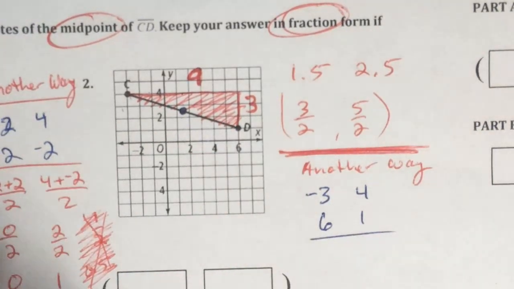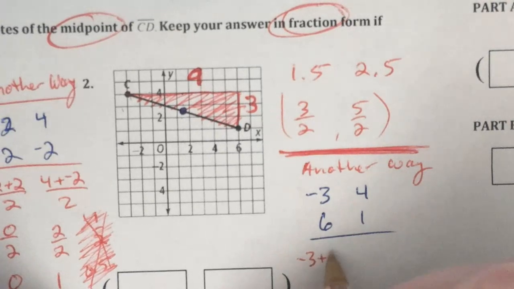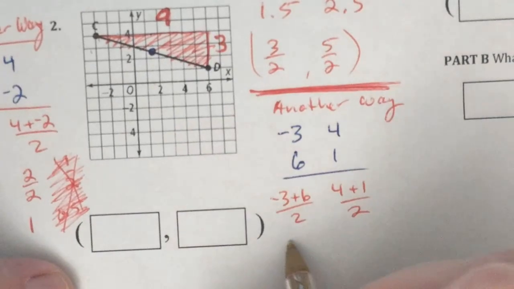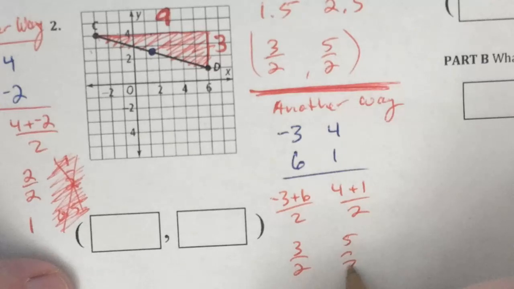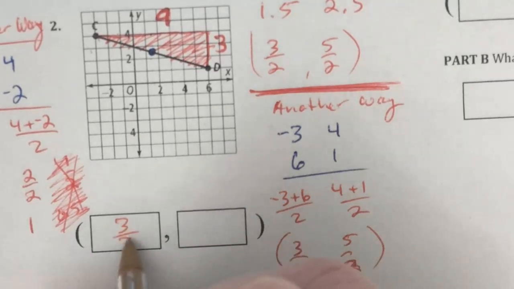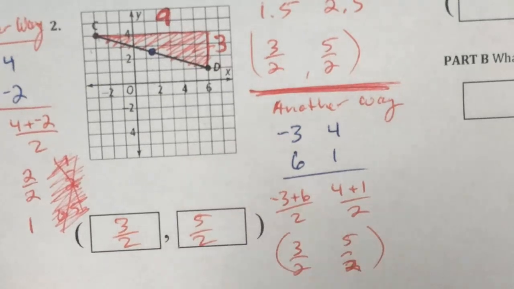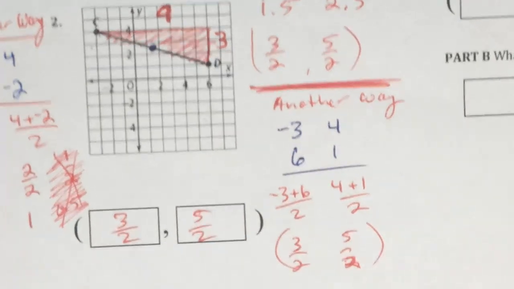So we stack them one on top of the other. We're going to add them together. So -3 plus 6 all over 2, and 4 plus 1 all over 2. That is 3 over 2, and that is 5 over 2. Hey, look, that is what our answer was. We can just stop right there. So that's 3 over 2 and 5 over 2. So both ways are fine. Do whatever floats your boat.